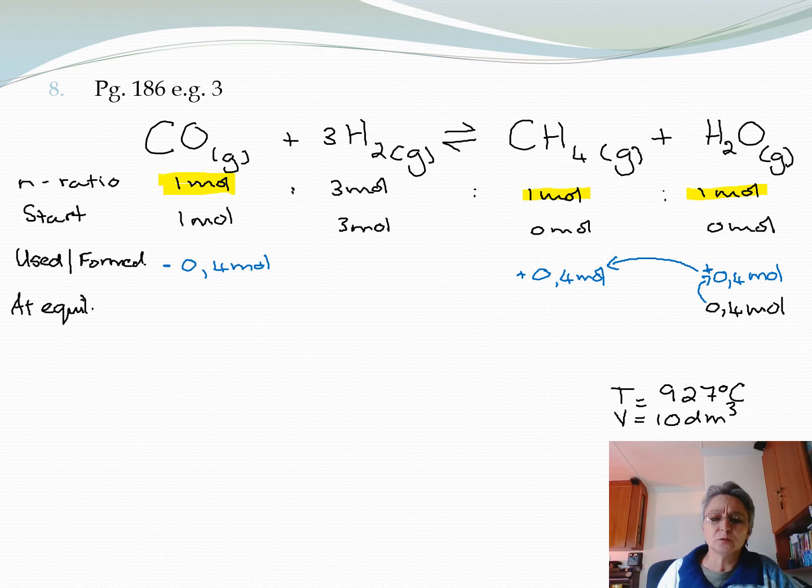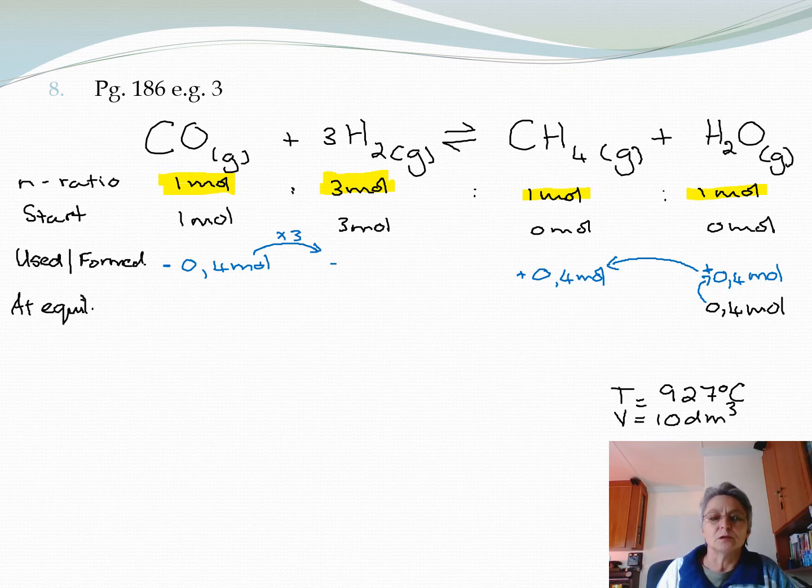Now the ratio between the carbon monoxide and the hydrogen is 3 moles hydrogen to 1 mole carbon monoxide. That implies that I need to take the 0.4 and multiply it by 3 to get to the moles of hydrogen that was used.